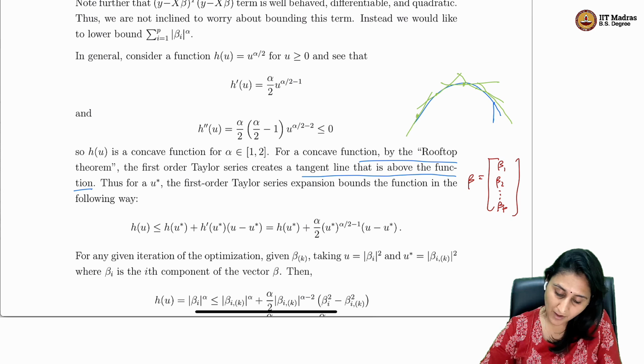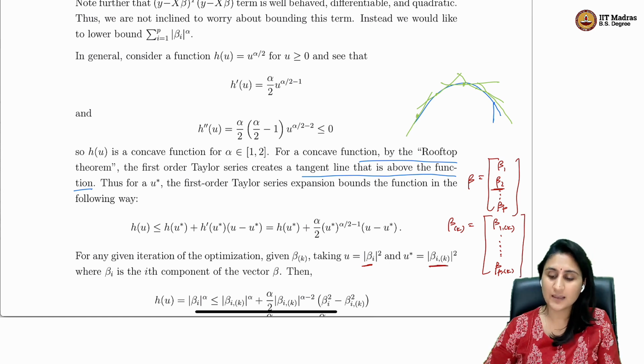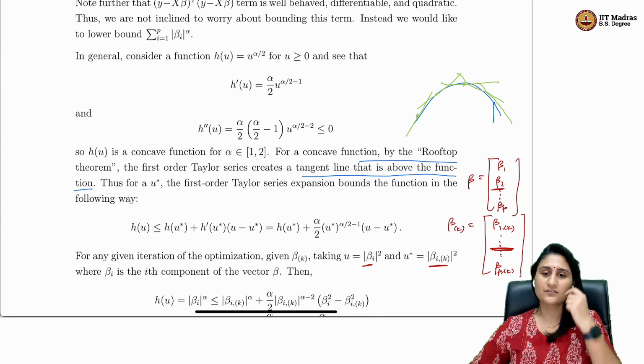So when I say beta i I am talking about any ith component, and beta k is the current vector, which is beta 1 comma k going up to beta p comma k. Right? So when I say beta i comma k, I'm talking about any ith component in this vector of betas.